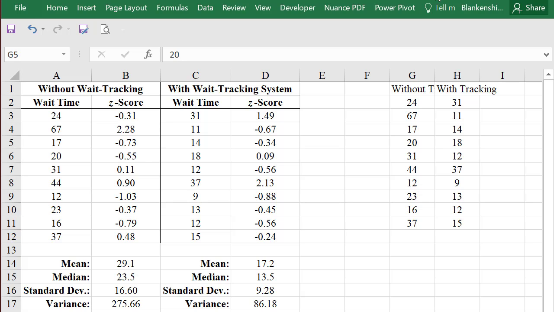What I've got on the screen here is problem 19. We had some data that had some waiting times for patients with tracking and some without tracking. What I wanted you to do is compute the means. I'm looking for, did you use the function?